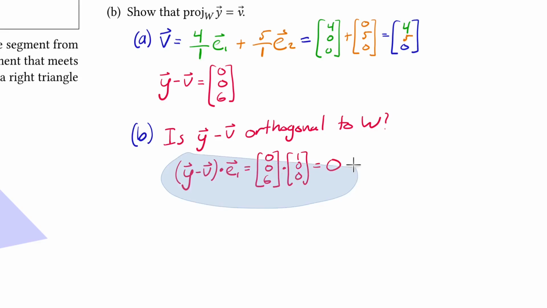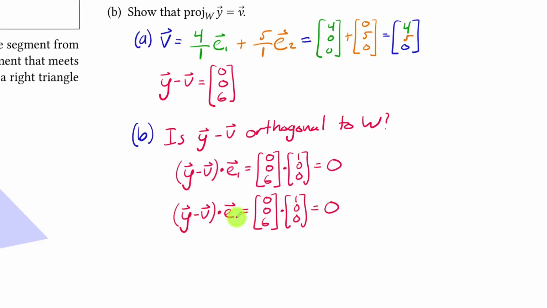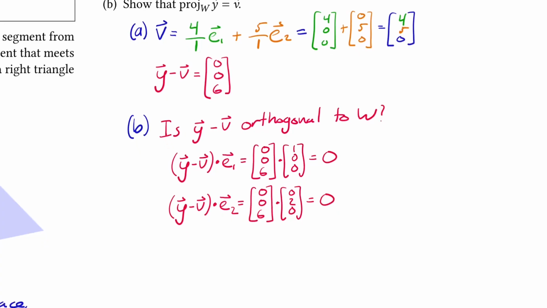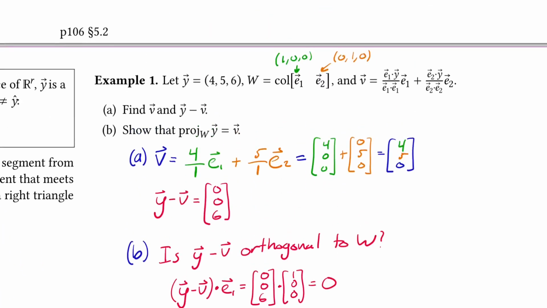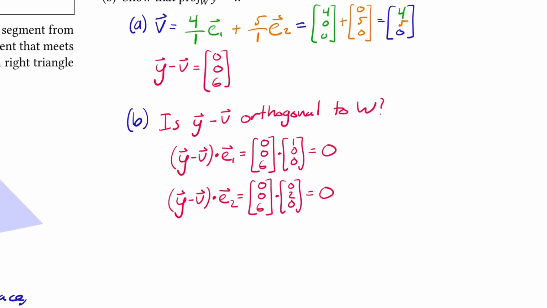And likewise, if you do y minus v dot e2, you still get 0. So yeah, y minus v is orthogonal to the two vectors that span W. So that means it's orthogonal to everything else in W.